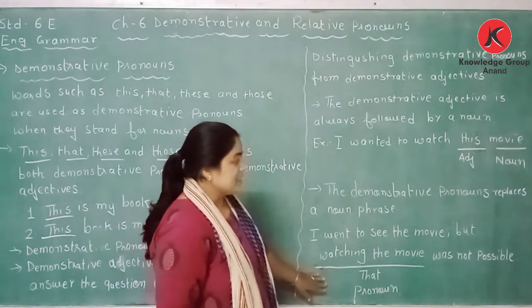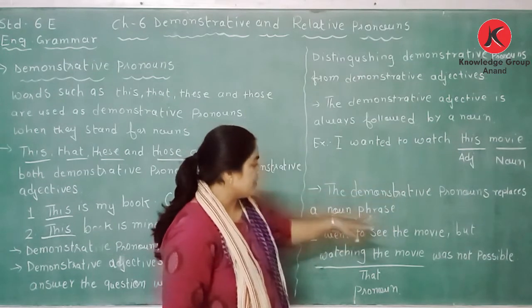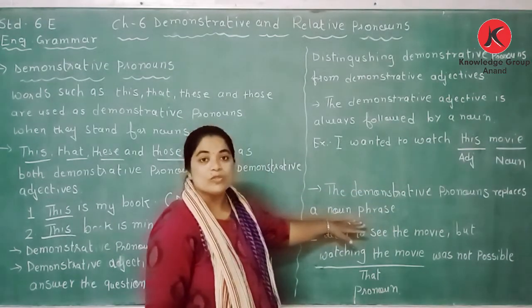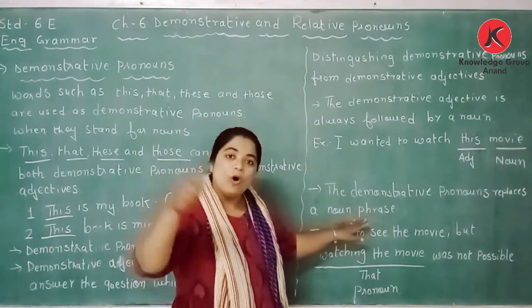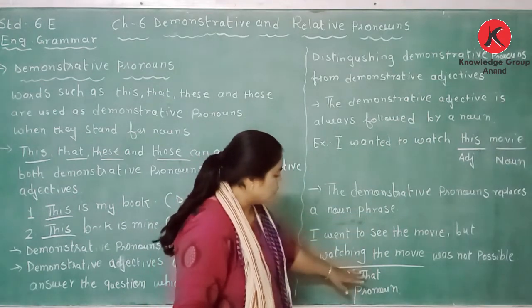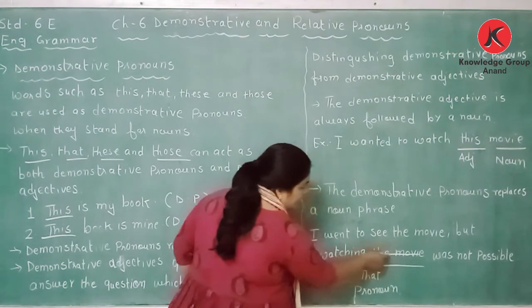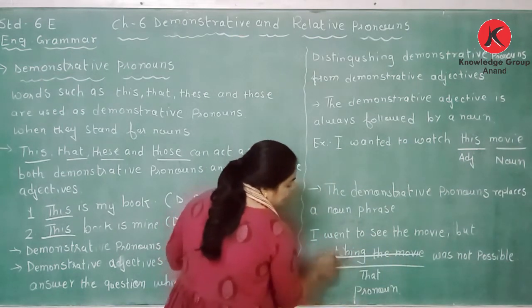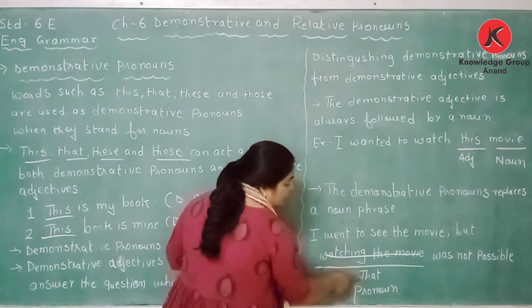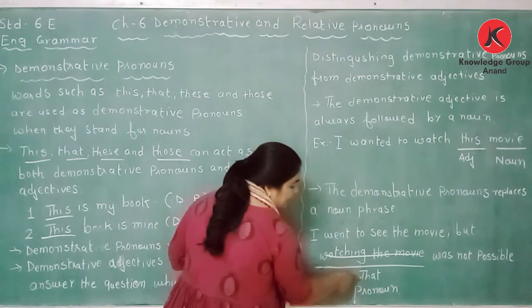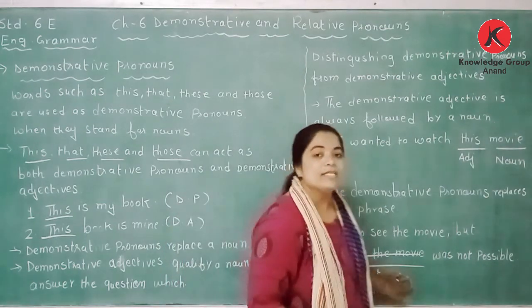So a demonstrative pronoun replaces a noun phrase also. It replaces a noun and also a noun phrase. So here we don't need this; we remove it, and instead we use the demonstrative pronoun that, and we complete this sentence.